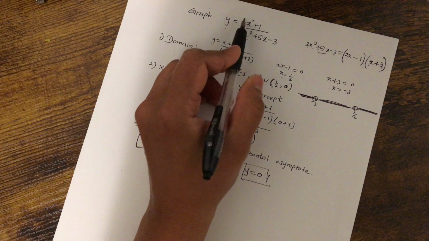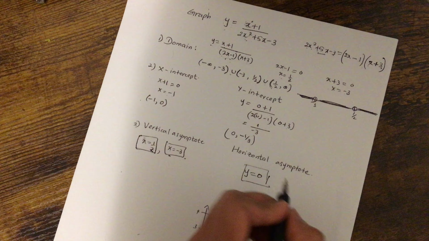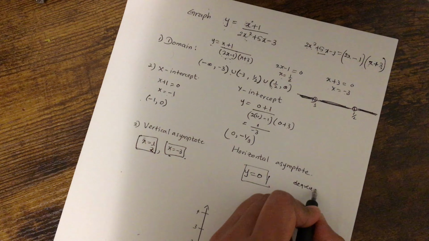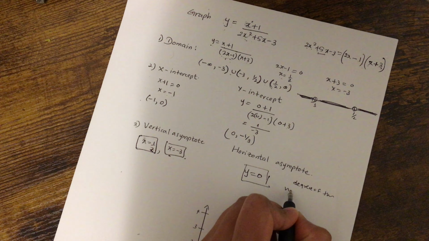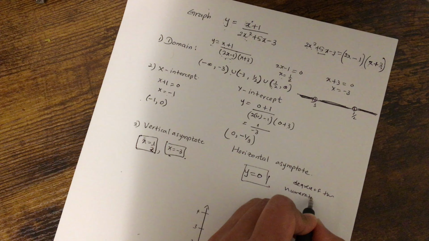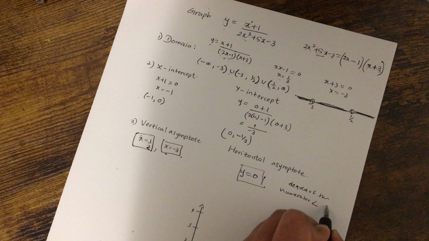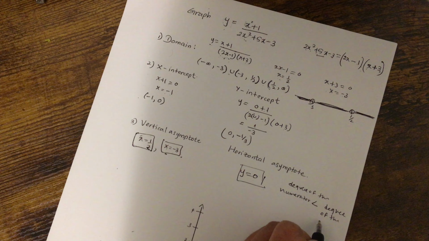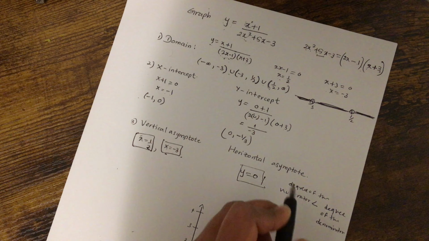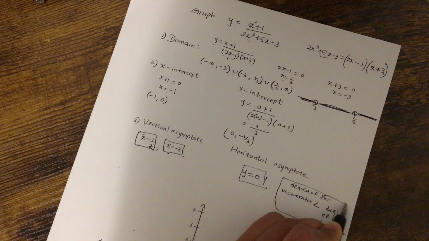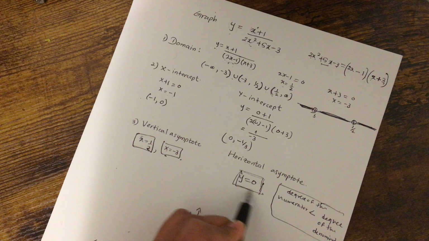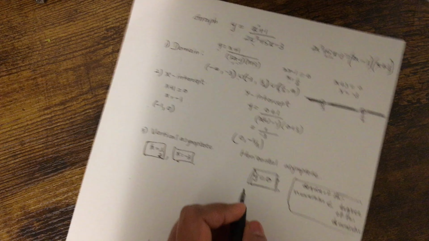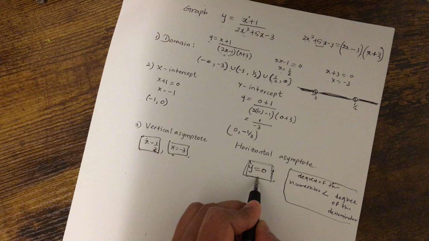Because the degree of the numerator is less than the degree of the denominator. In this situation, your horizontal asymptote is y equals 0, which is the x-axis. Y equals 0 means the x-axis, right?